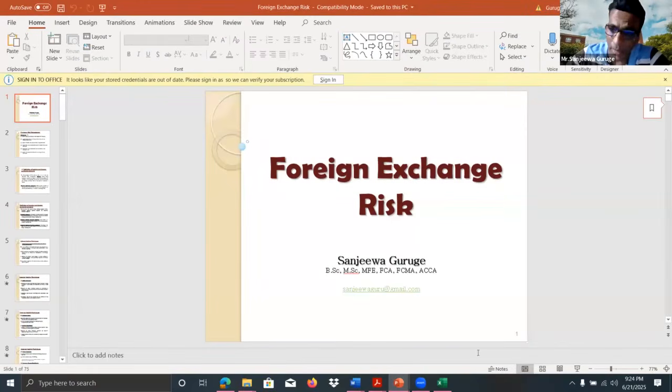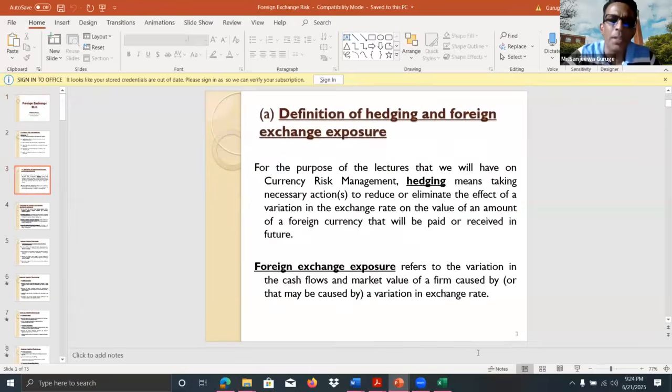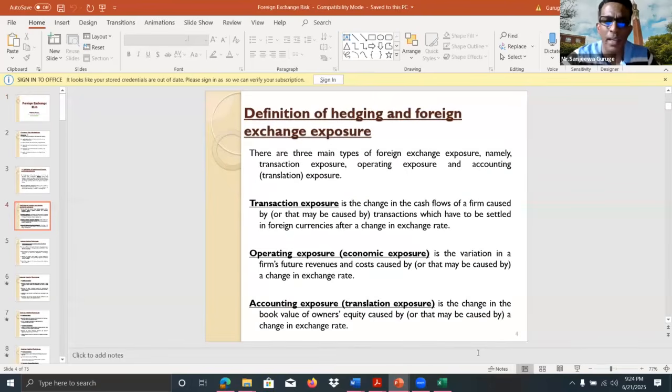I mean, many types are there. You may have learned that foreign exchange risk arises due to several factors. That's why we have transaction risk, translation risk, economic risk, which can be analyzed in different ways: transaction risk, economic or operating exposure, then translation or accounting risk.